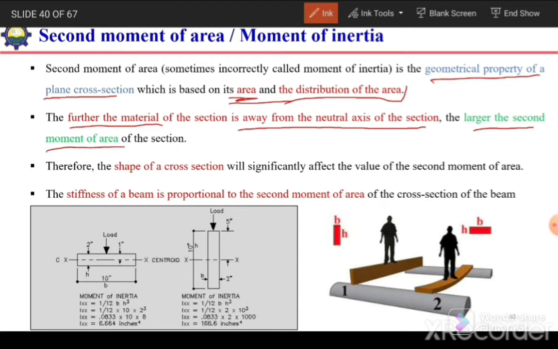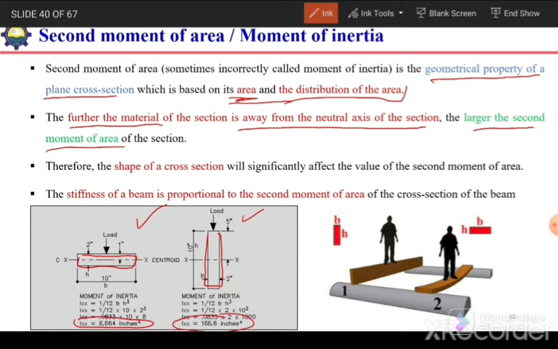For the same cross sectional area, if we arrange that area in such a way that the material is away from the neutral axis, in that case the moment of inertia or the second moment of area will be high. For example, in these two figures we have the same area, but the magnitude of the second moment of area is different.